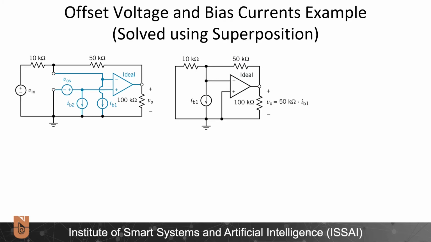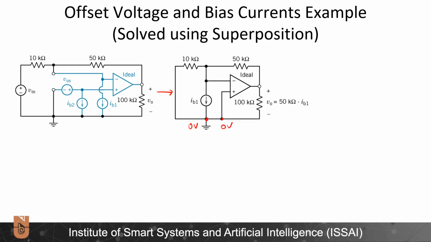Now let us consider the input IB1, the bias current for the inverting terminal of the operational amplifier. If I disregard all the other inputs, my resulting circuit is shown here. How will I analyze the circuit? The reference node here will be at 0 volts, and therefore we have 0 volts here as well.